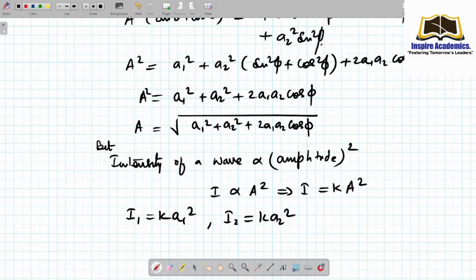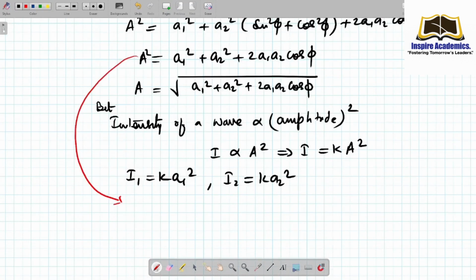If I multiply this whole A square expression, what would I get here? Let us multiply by k. So what it will be? k times A square equal to k times a1 square plus k times a2 square plus 2 a1 a2, rather k also put here, cos phi. Understand? Any problem with this step?